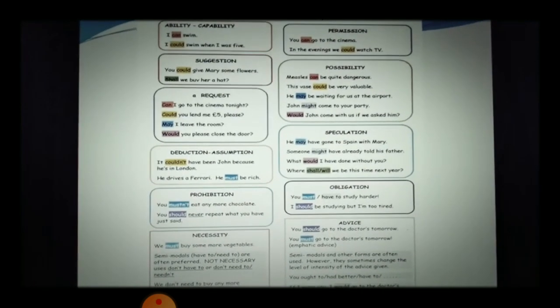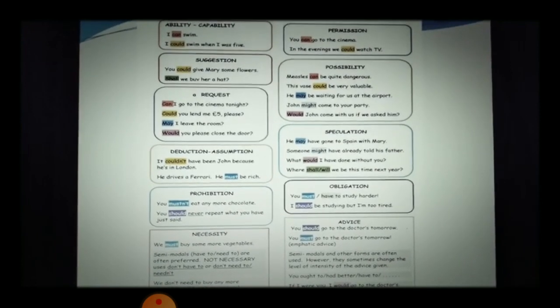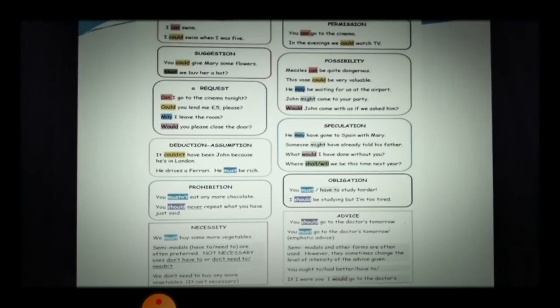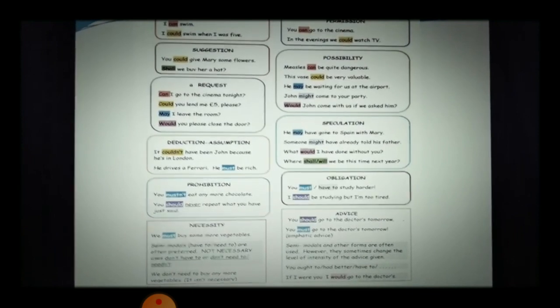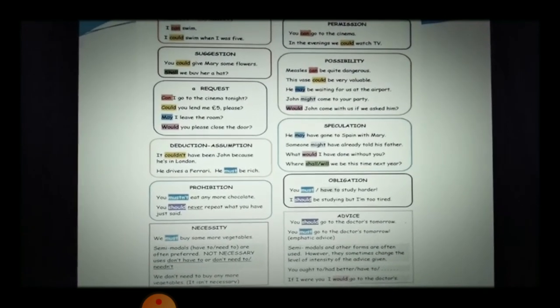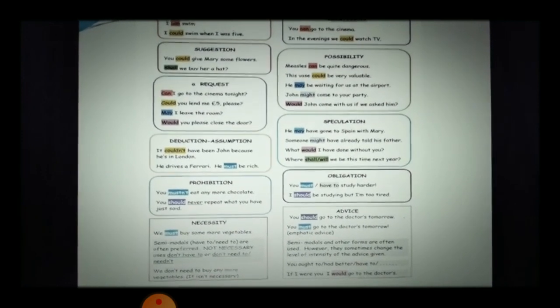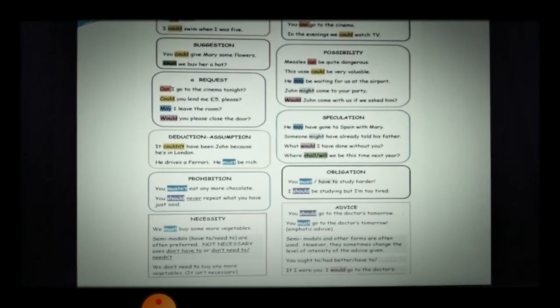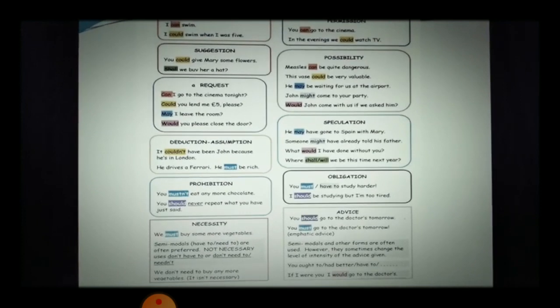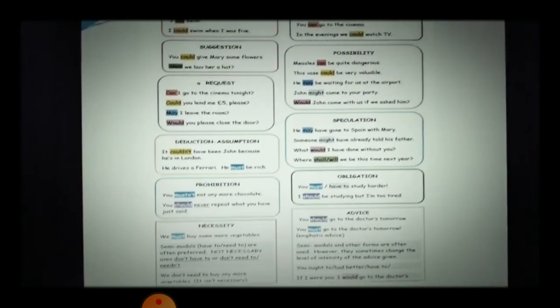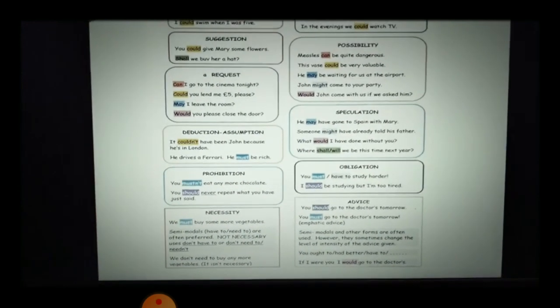When we need to express suggestion, we use could, shall. Possibility: can, could, may, might, would. So in this way, in this chart, very nicely we have been shown the uses of different modal verbs. Kindly go through the chart carefully.